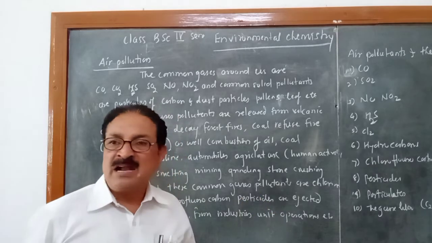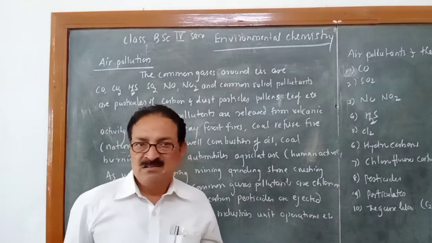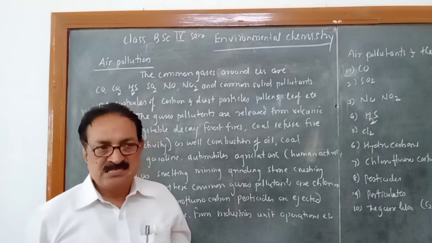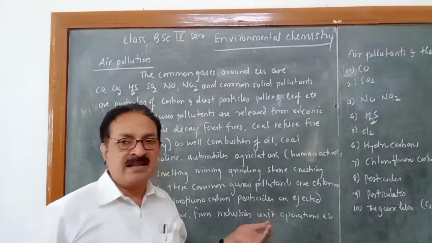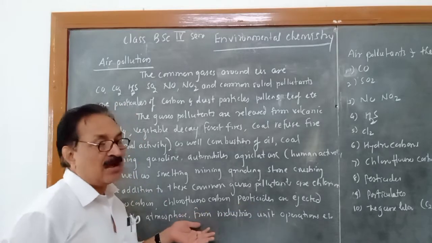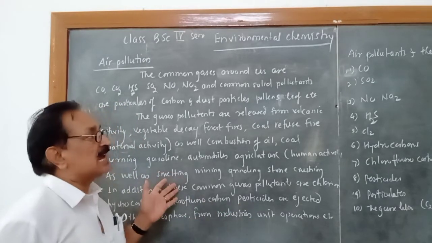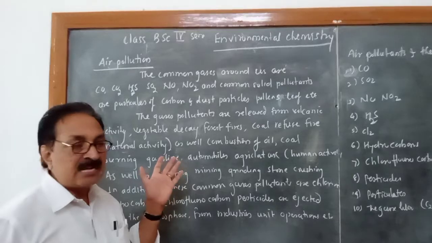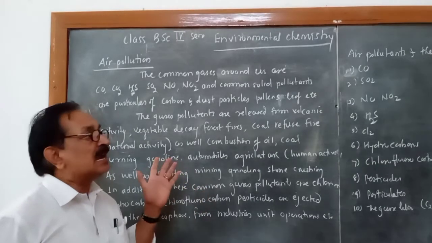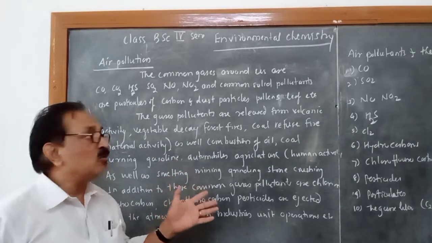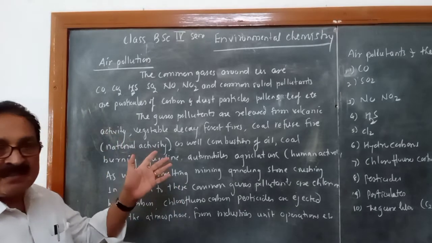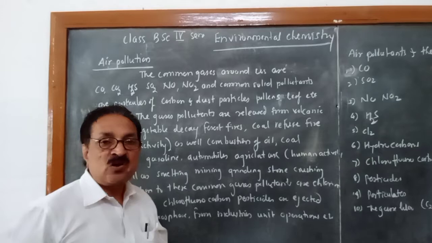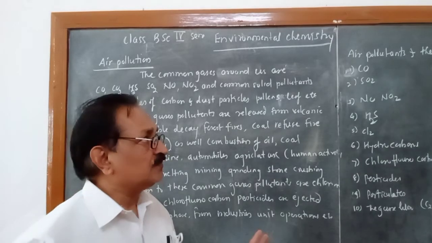You know there are a variety of industries, and all the industries liberate unwanted gases due to the combustion of the components, and these gases are completely exposed to the atmosphere, meaning the atmosphere is completely polluted by the unwanted components. Therefore the air that is present around us is not a 100% pure one.